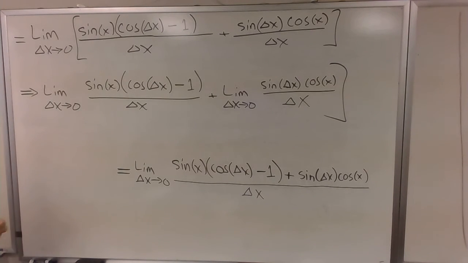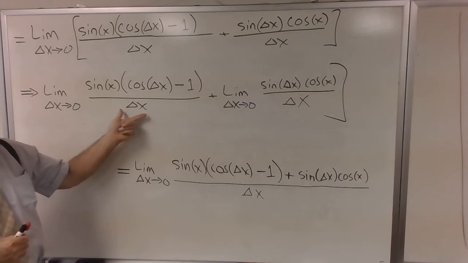Okay, I've got the sum of two limits, and each of these individual limits is a product.